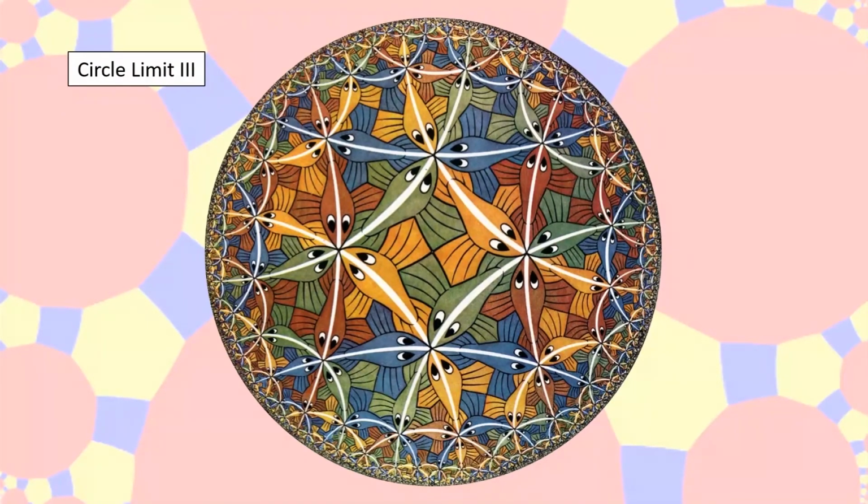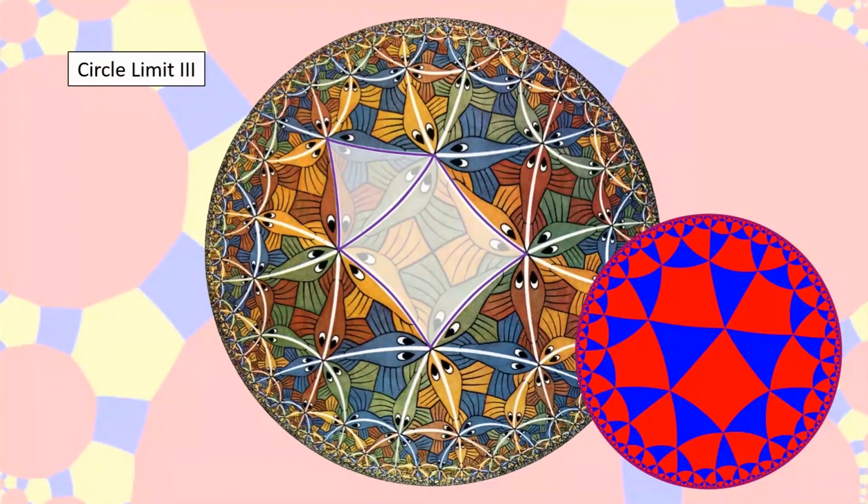The tiling is broken up into a number of squares and a number of triangles. And you can see that the underlying tiling is actually the same as this one here. So at each of the corners there are 3 squares and 3 triangles which meet.